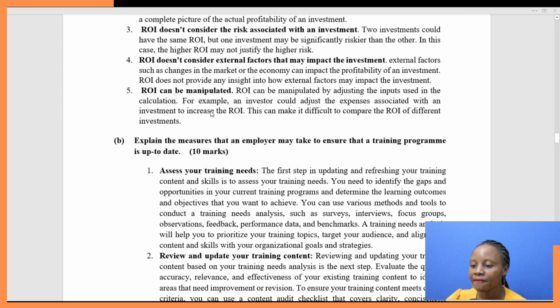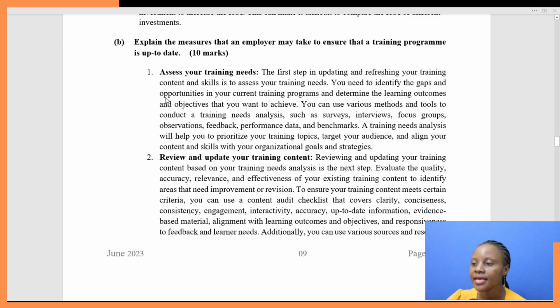And then number 4B, it says, explain the measures that an employer may take to ensure a training program is up to date. What measures will you take to ensure that your training is up to date? Because remember, we are living in a very dynamic environment when it comes to business.